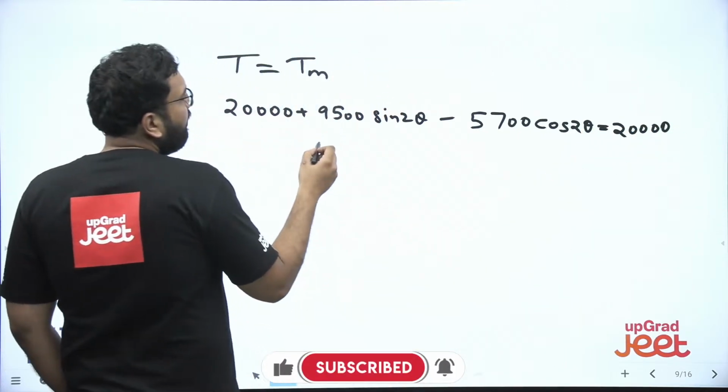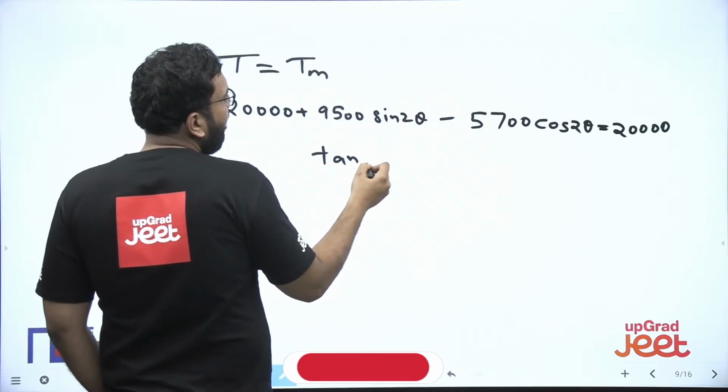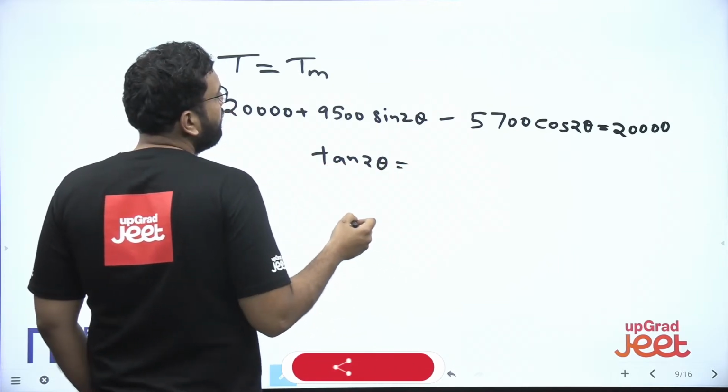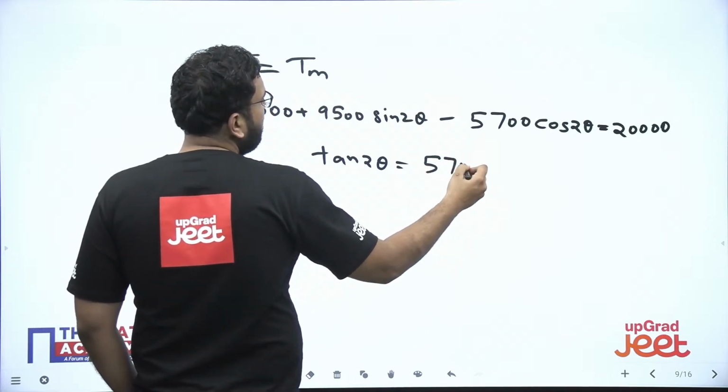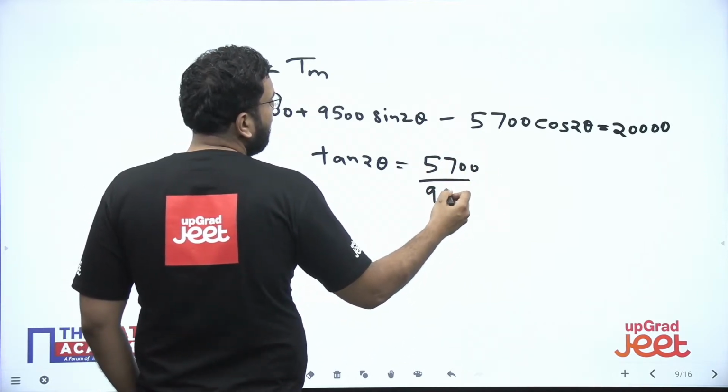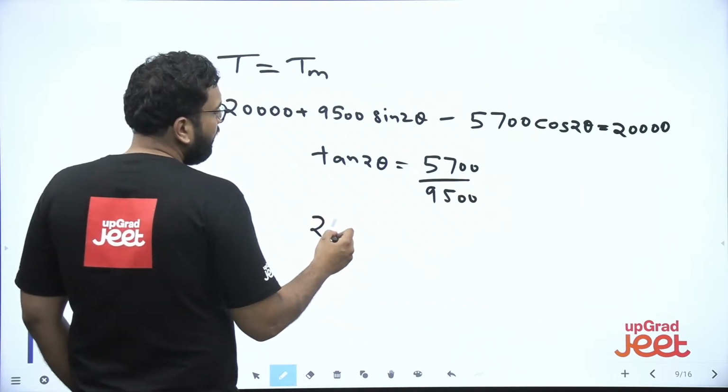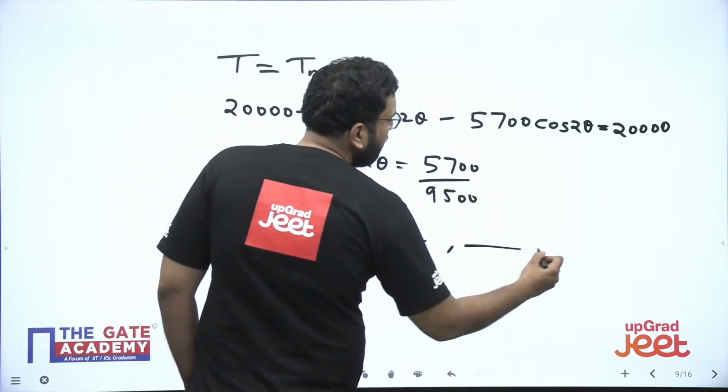So basically we will be left with tan 2 theta is equal to 5,700 divided by 9,500.